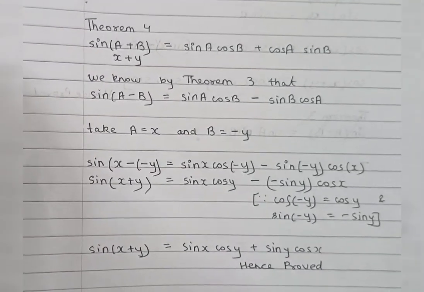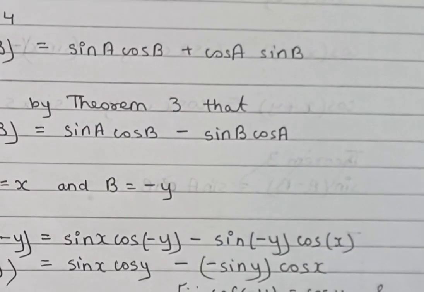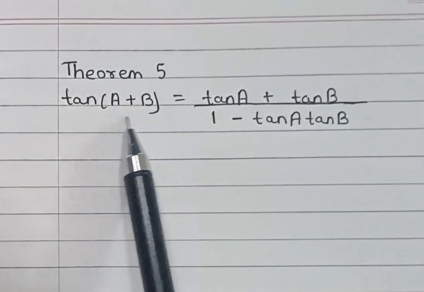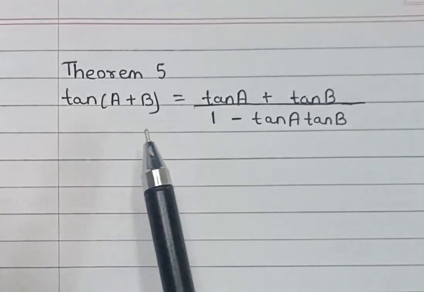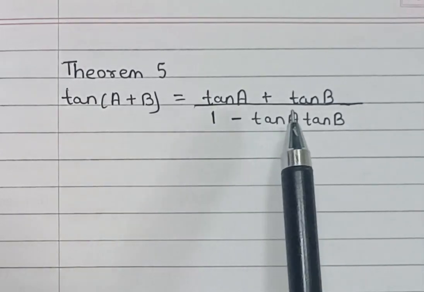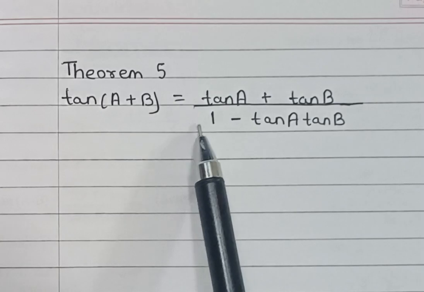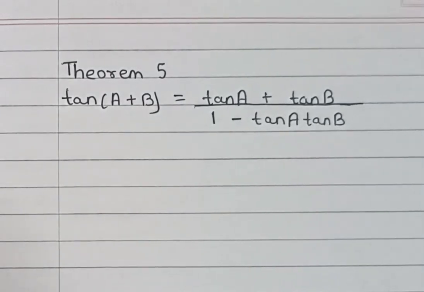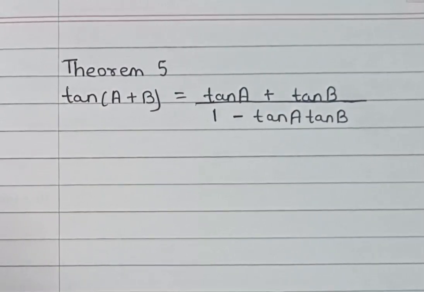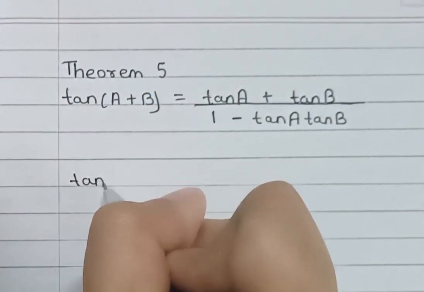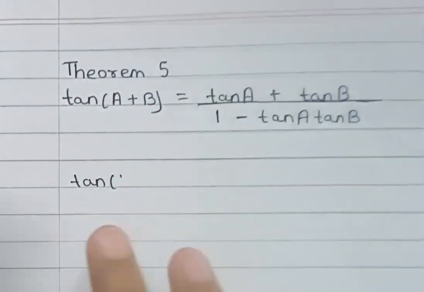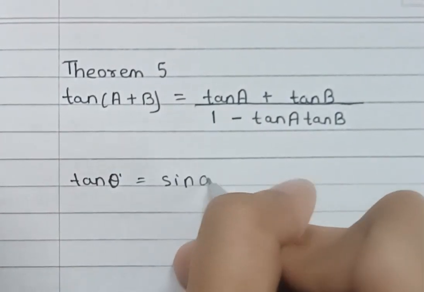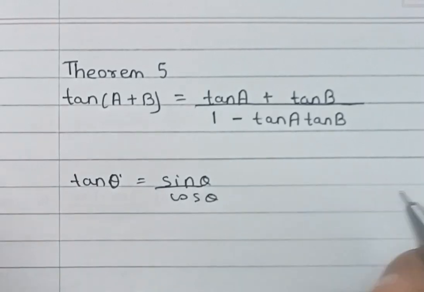Now we will proceed to the theorem number 5. So now in theorem 5, we have to prove that tan of A plus B, bracket is there, which is equals to tan A plus tan B divided by 1 minus tan A tan B. So what you have to do, we can write tan of A plus B. So instead of writing that, first let's see, tan of theta equals to sine theta upon cos theta. This we know.